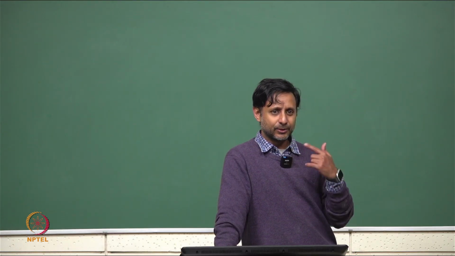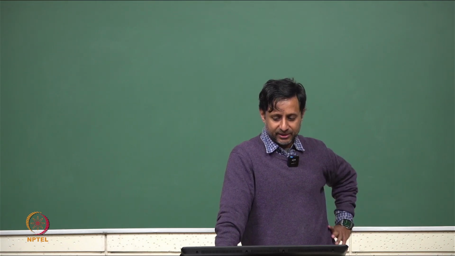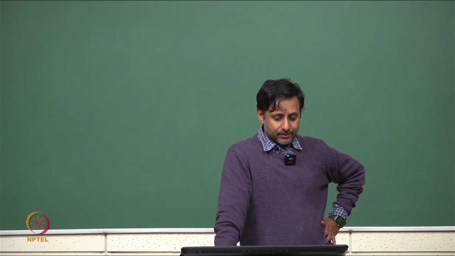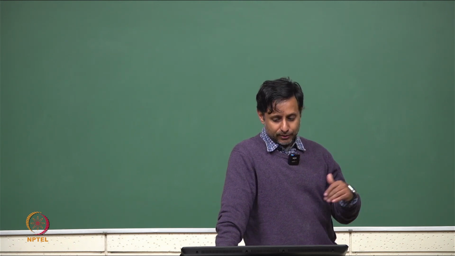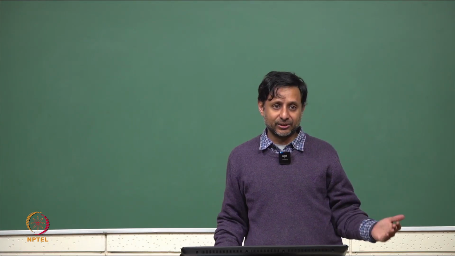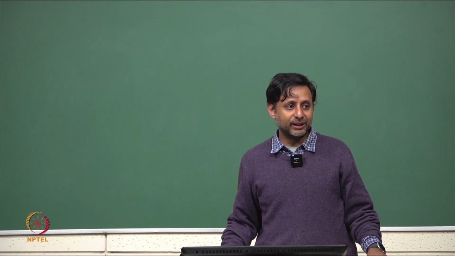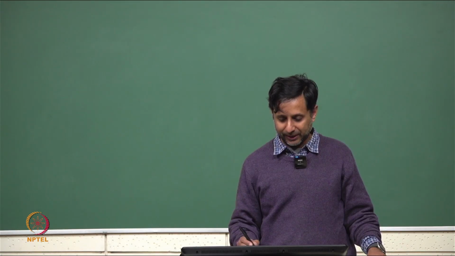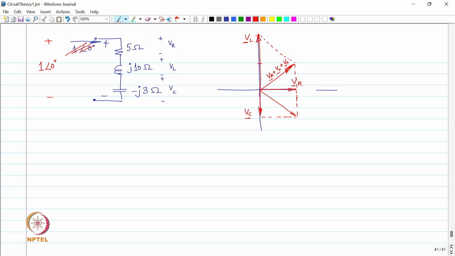Okay. By the way, notice something, notice over here that the voltage across the inductor is always going to be in front of the current through the inductor. So, the current through the inductor was 1 ampere, right, and the voltage was in front, it was 90 degrees ahead, okay, and the voltage across the capacitor was 90 degrees behind, was trailing behind.